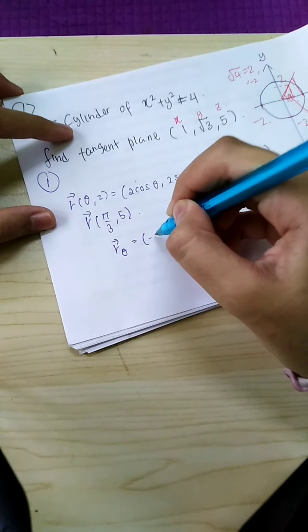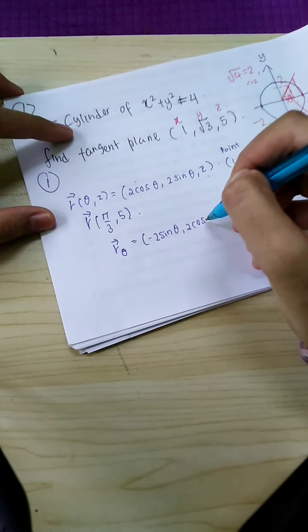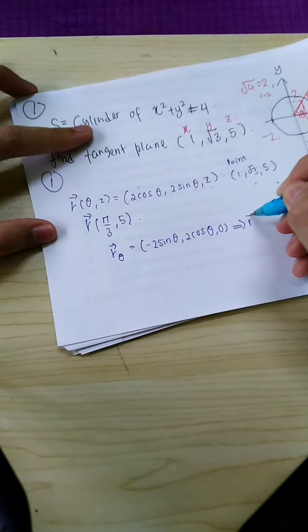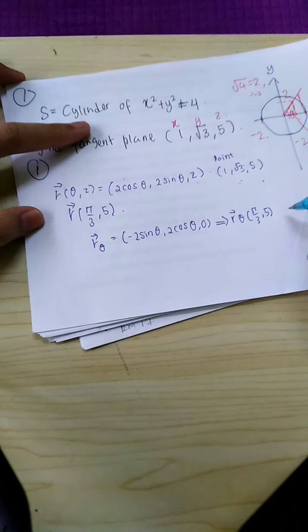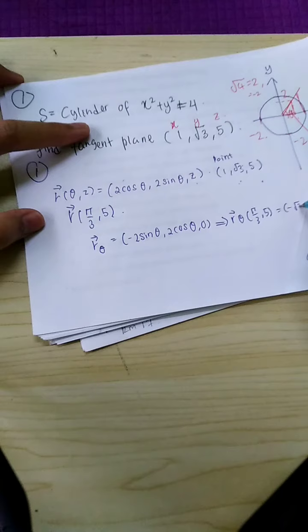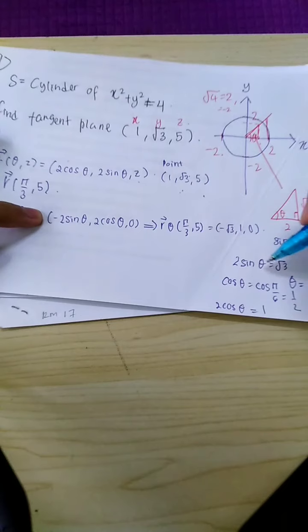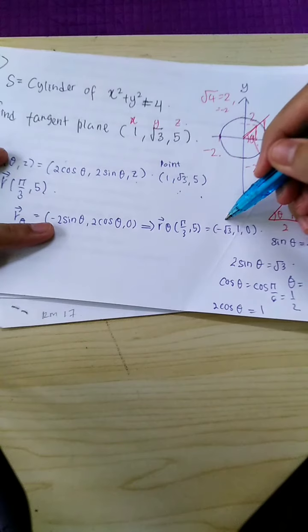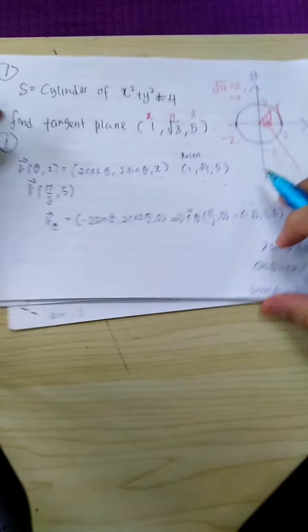Okay, so we go first with our theta. We have r theta equals (-2 sin theta, 2 cos theta, 0). At pi over 3 and 5, we get (-3, 1, 0), because 2 sin theta equals 3, so -2 sin theta gives -3, 2 cos theta gives 1, and we have 0 here.